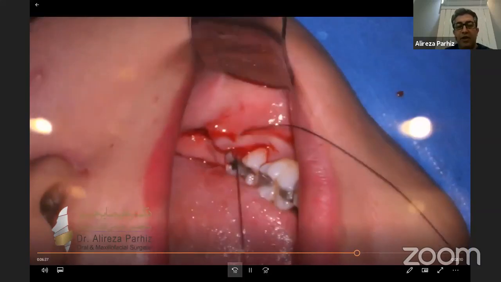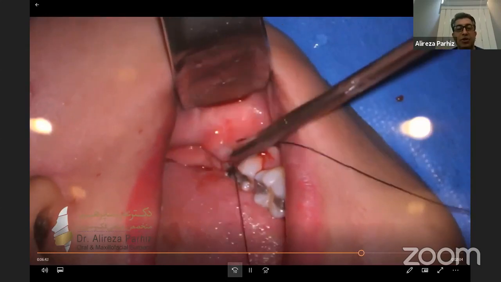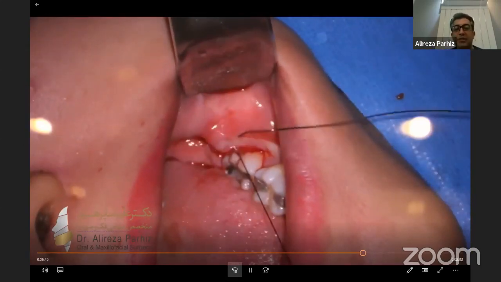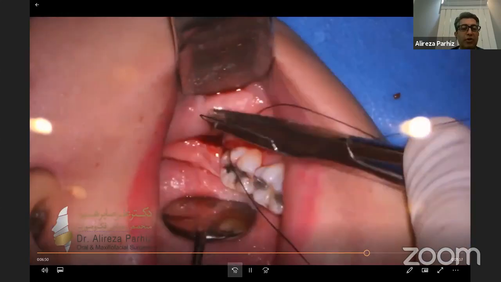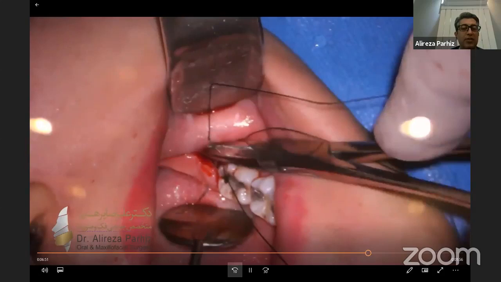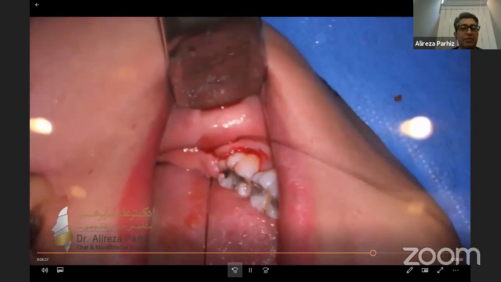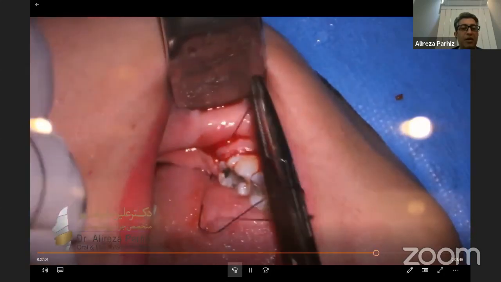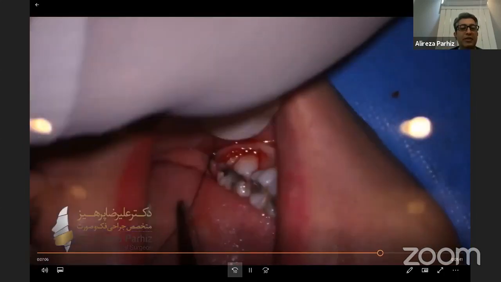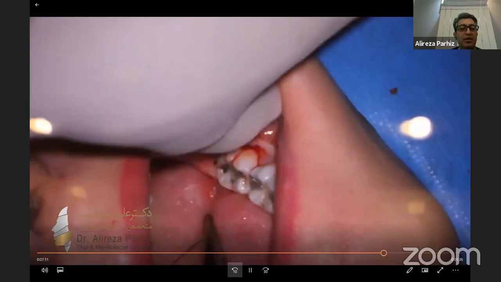Okay, at the end, we want to suture the incision. As you see, we started the suture at the papilla distal to the second molar. It's a key point when you start suturing. It's very important that the entry point of the needle be a little bit mesial to the papilla, because we want to move this flap apically as much as possible, as you see here.